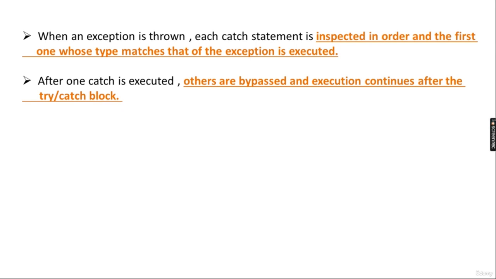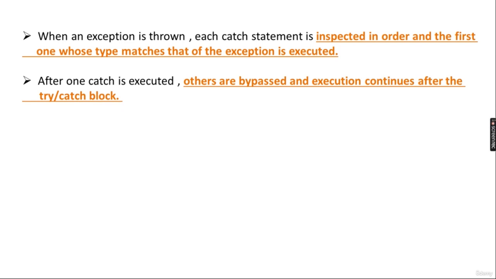When an exception is thrown, each catch statement is inspected in order, and the first one whose type matches that of the exception is executed. If you are writing multiple types of exception, your exception will be compared with the exception type of each catch block, and whichever matches the exception that actually occurred, that catch clause will be executed.